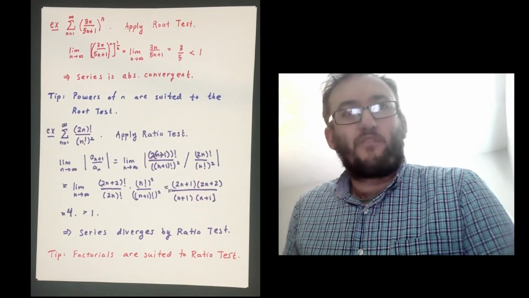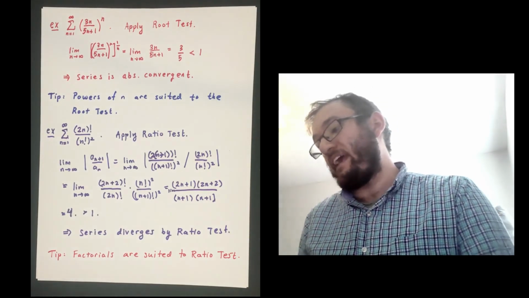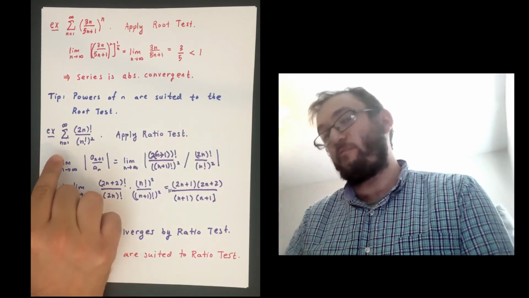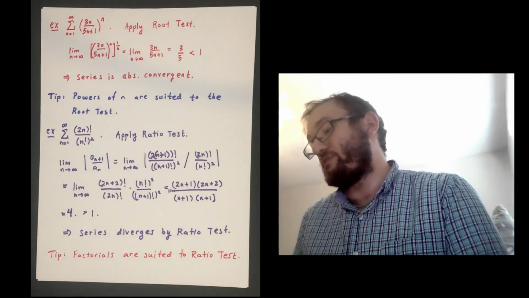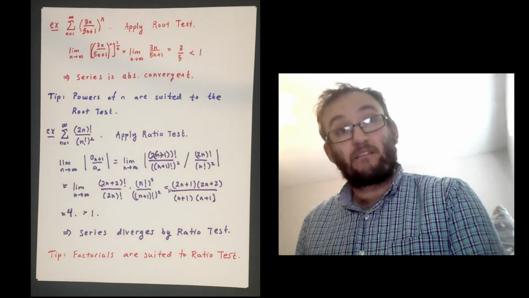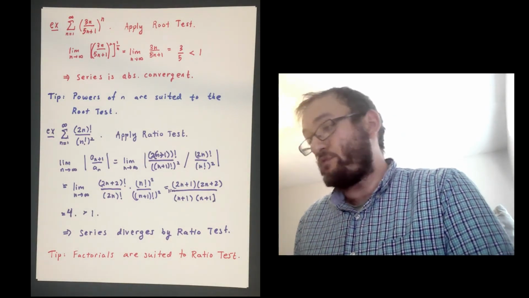My video got cut off while I was doing the last example. We were looking at the series, the sum from n equals 1 to infinity of 2n factorial over n factorial squared. And seeing the factorials, I decided to use the ratio test rather than the root test.